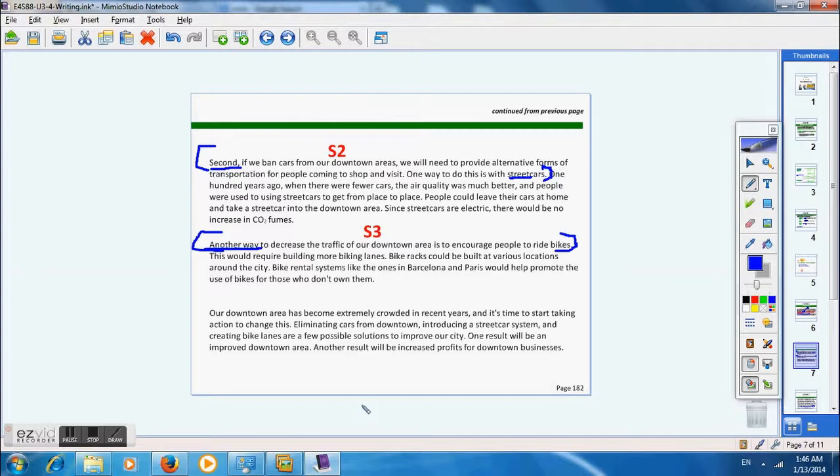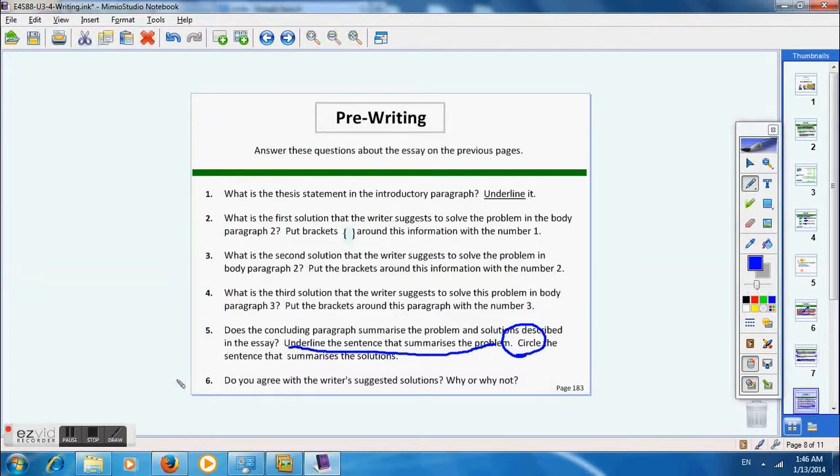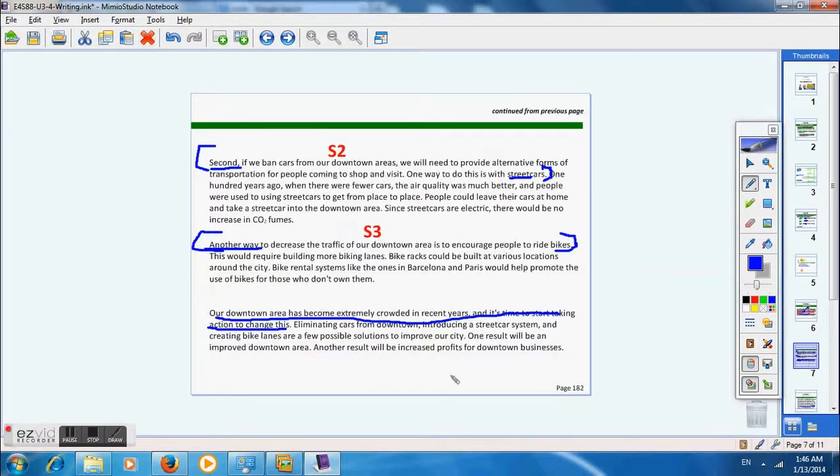Okay, which one summarizes the problem? Our downtown area has become extremely crowded in recent years, and it's time to start taking action to change this. So underline here. And then it says circle the sentence that summarizes the solutions.